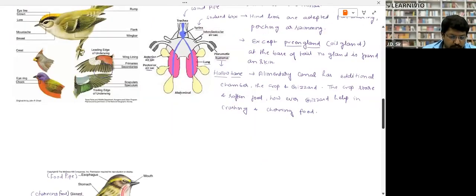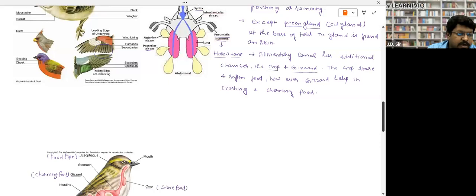Crushing and churning food. Right? I have already told you what the function of the gizzard is and what the function of the crop is. Is that function clear? Yes, sir. Very good.